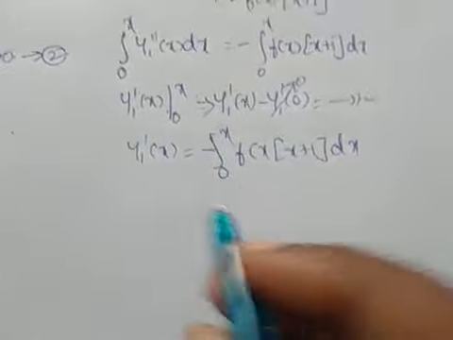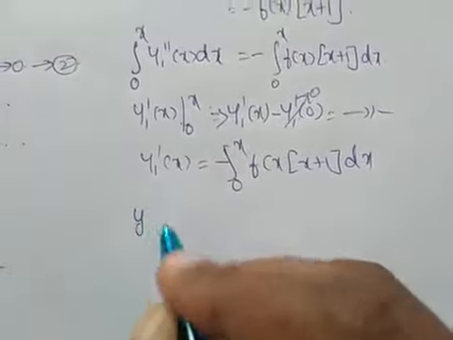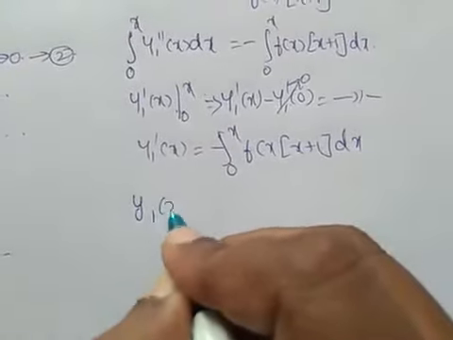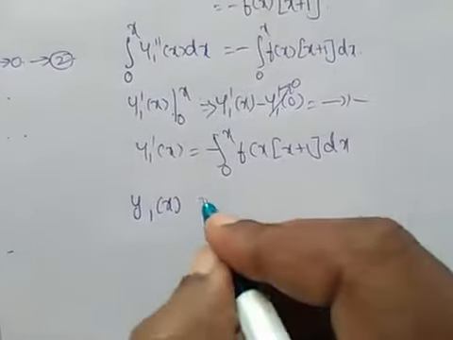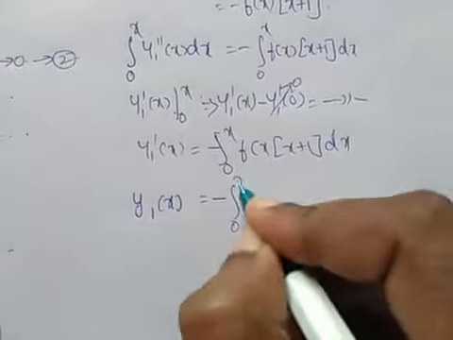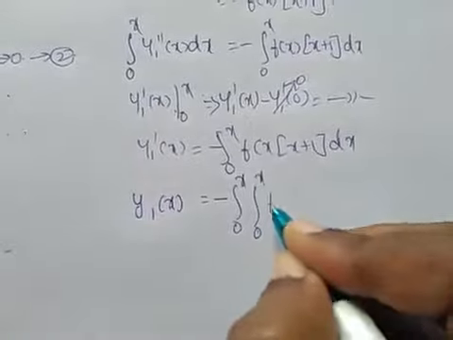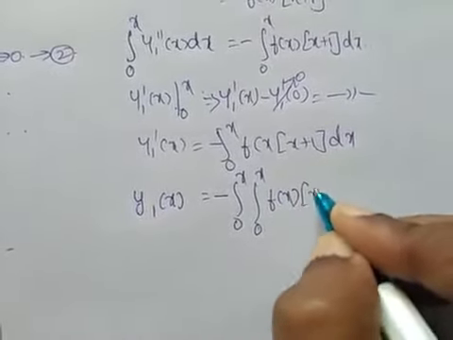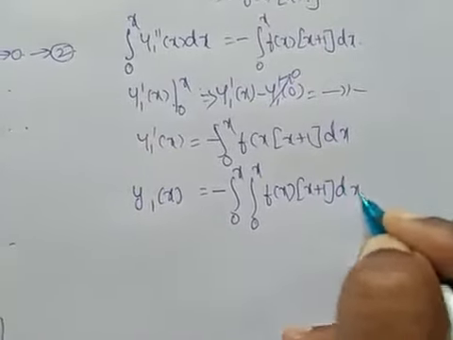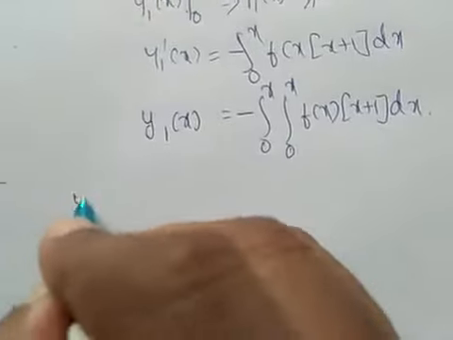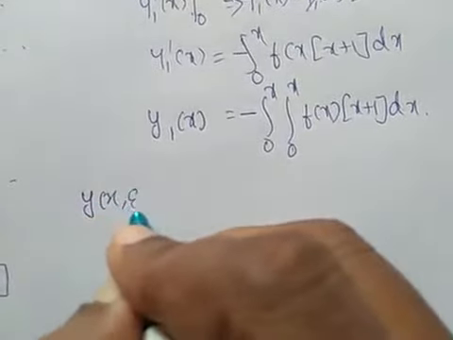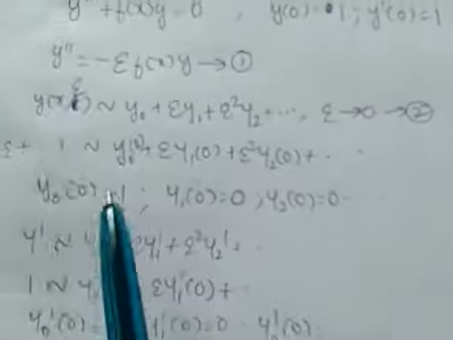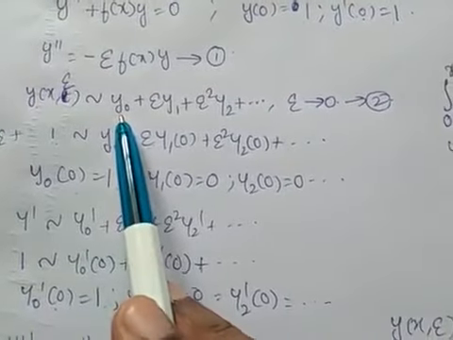Similarly, if we integrate this again, we will get y1 of x equal to minus double integration of 0 to x f of x into x plus 1 dx. So what is our solution? y of x comma epsilon is equal to, first term is y0. What is y0? x plus 1.